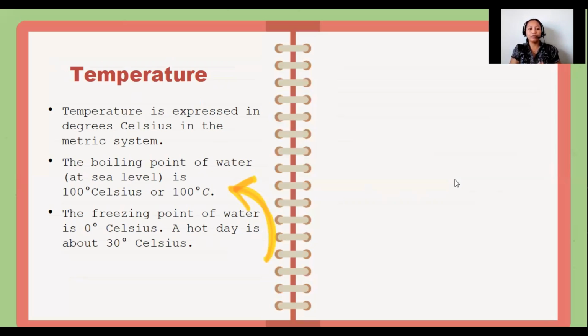So the boiling point of water at sea level is 100 degrees Celsius or 100 degrees centigrade or C. And the freezing point of water is 0 degrees Celsius. So therefore, a hot day is about 30 degrees Celsius.